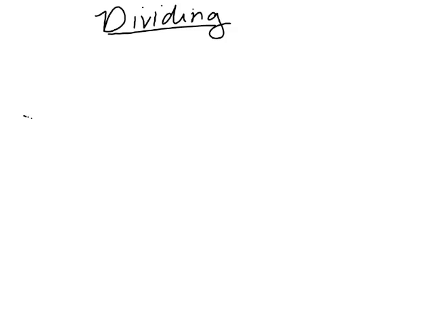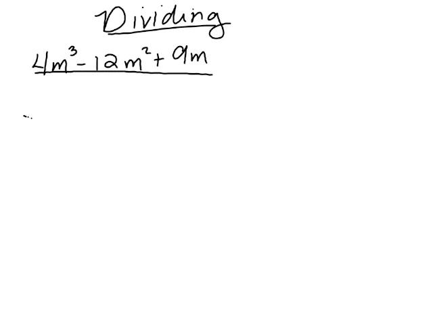So on page 112 in the book, here's the example they give us. 4m cubed minus 12m squared plus 9m on top, all over m squared minus 49.